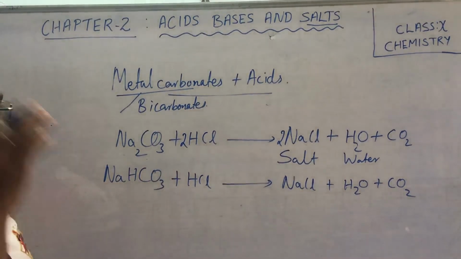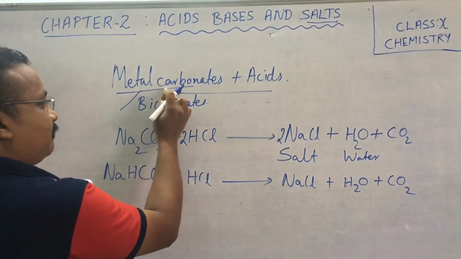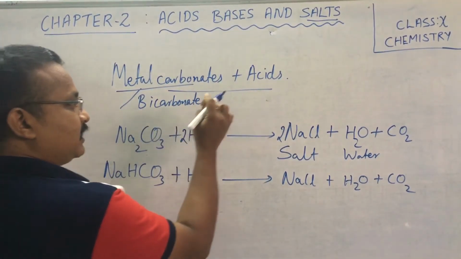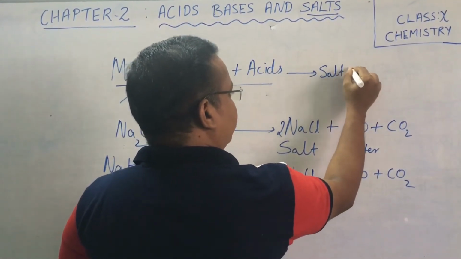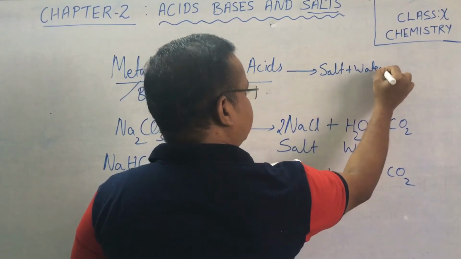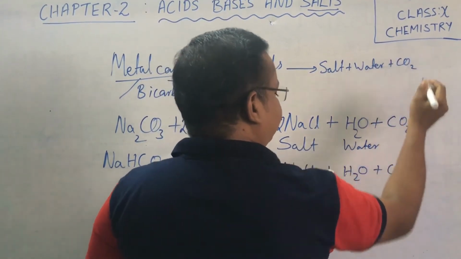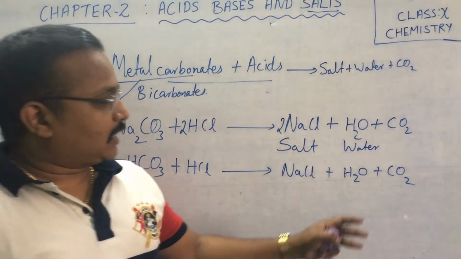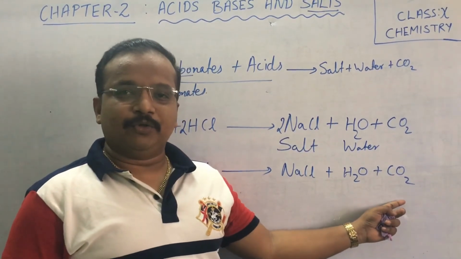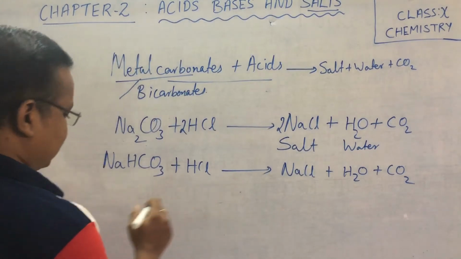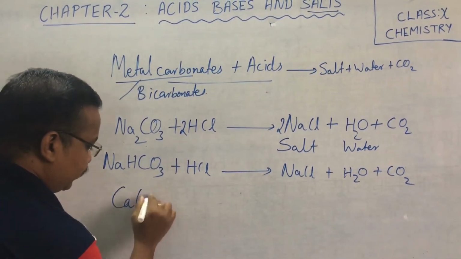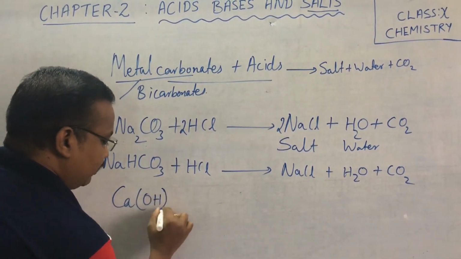So what you have to remember is, when metal carbonates or metal bicarbonates react with acids, they produce salt plus water plus carbon dioxide. Now whether carbon dioxide gas is produced or not, how can we find out? That is, by passing this carbon dioxide into lime water.